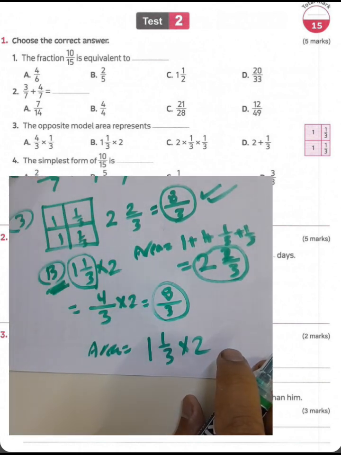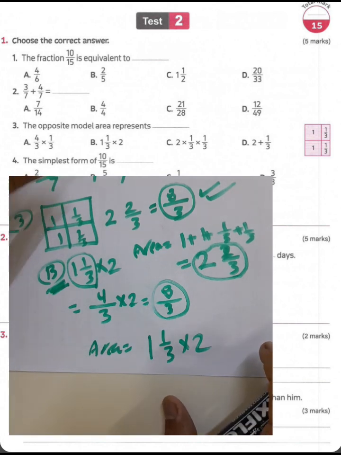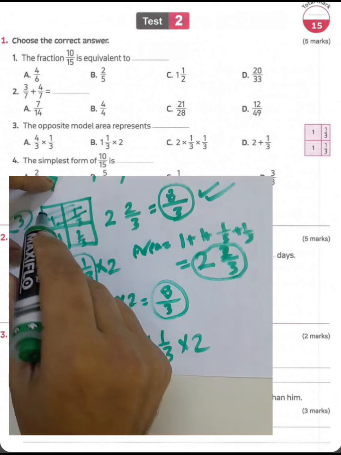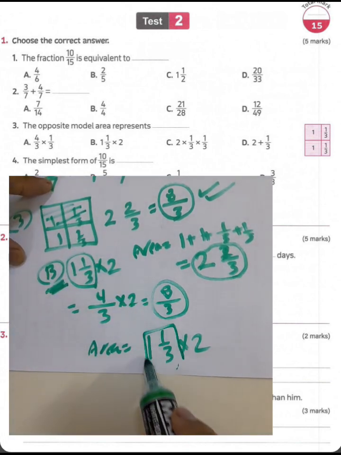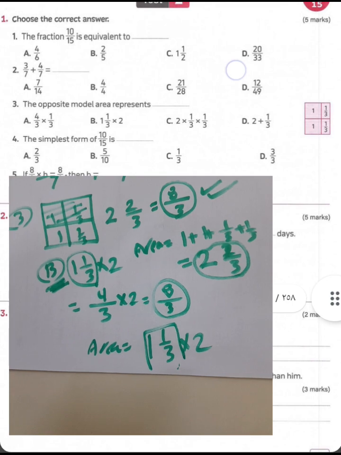You can solve by any method, but the last method is very easy. Add 1 plus a third, multiplied by 2. In this part, we can find the area of 1 part, 1 and a third, and we have 2 parts. Then the area will be 1 and a third times 2. Choose letter B. Question number 4.